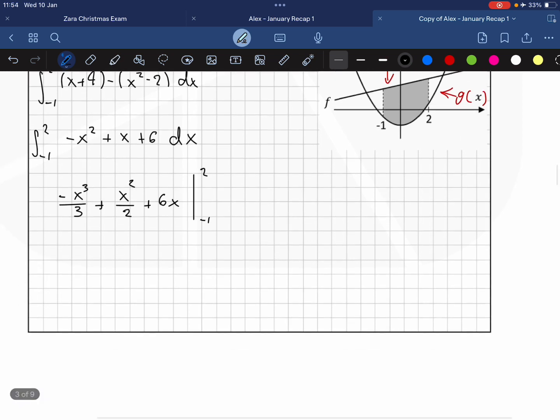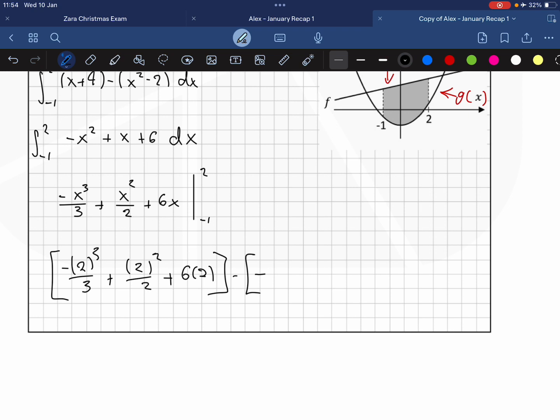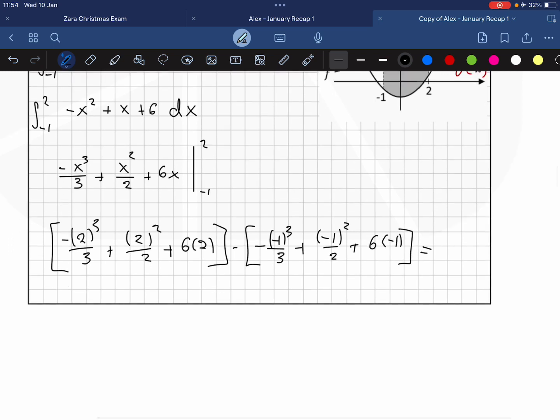So it's going to be minus 2 cubed over 3 plus 2 squared over 2 plus 6 by 2, and we're going to have to take away minus 1 cubed over 3 plus minus 1 squared over 2 plus 6 by minus 1. If you just stick that all into your calculator, you're going to end up with 33 over 2 units squared.